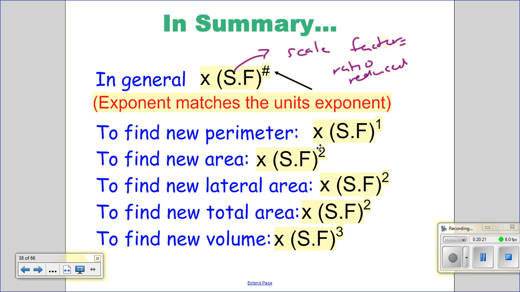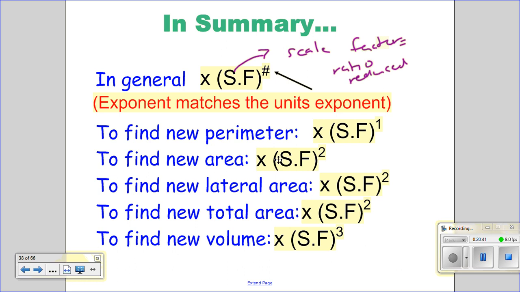Notice the exponent is going to match the unit's exponent. So when we found perimeter, that was a one-dimensional thing. It's a distance around. So you just take whatever the original perimeter is times your scale factor, and that'll give you the new perimeter all the time.